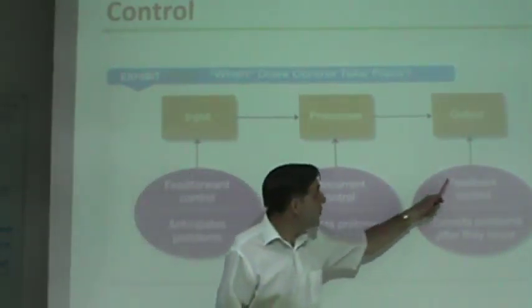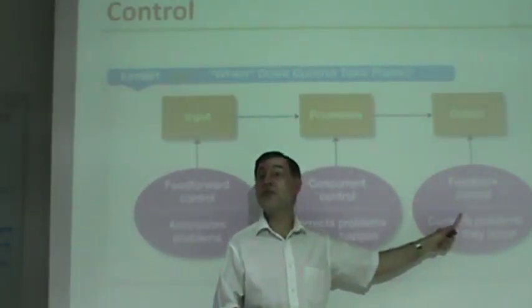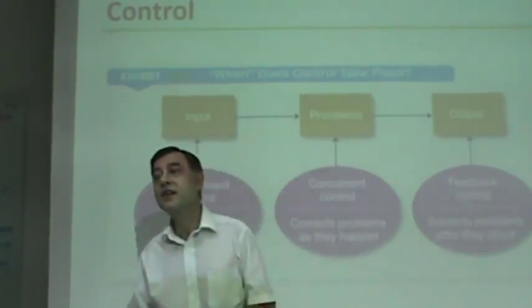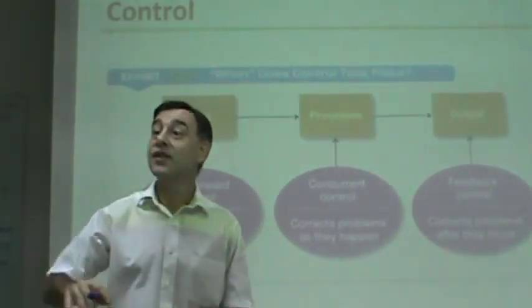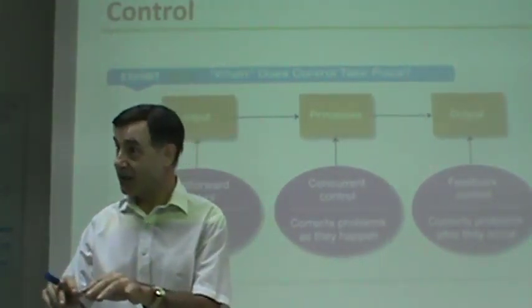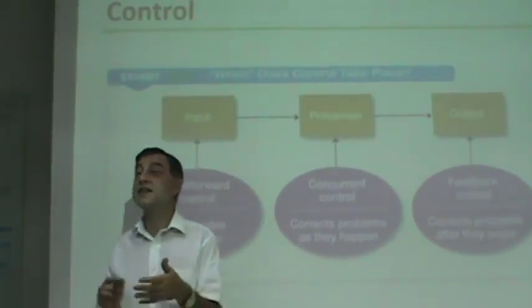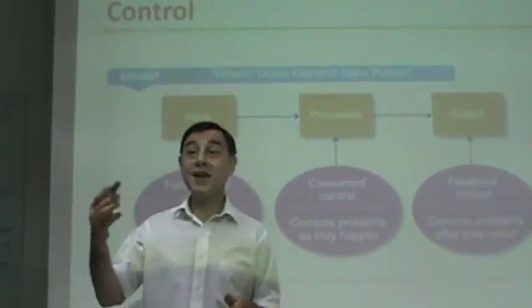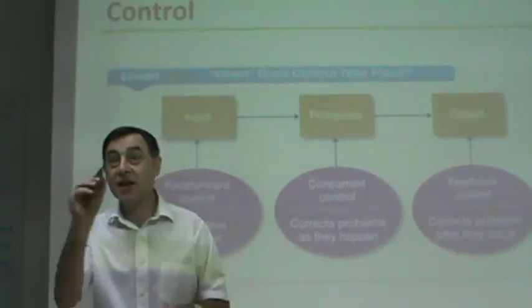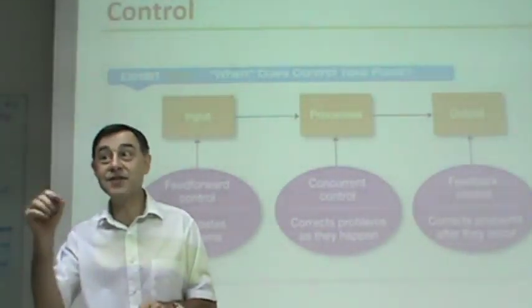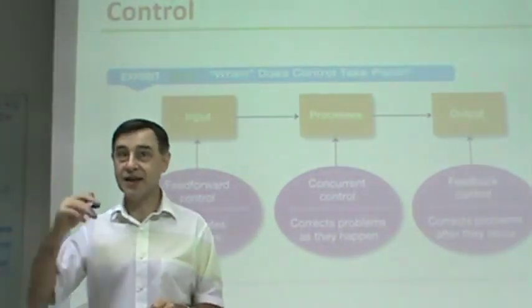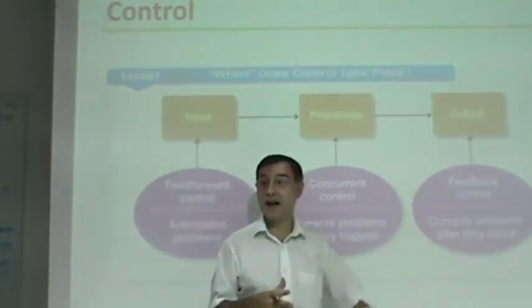Now, it will be a feedback control if I let you play with it all the time, right? And at the end of the class, I tell you, look, you've been playing with it. It's a big problem. I'll give you 5 penalty points to teach you a lesson, right? That will be a feedback control.